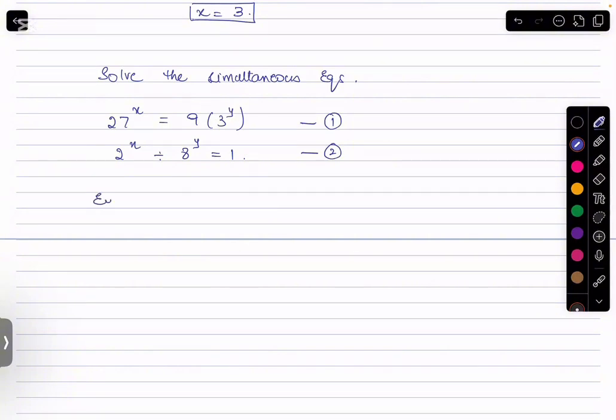So for equation 1, which is 27 to the power of x equals 9 and 3 to the power of y, can I say that 27 is actually 3 cubed? So this becomes 3 to the power of 3x. 9 is 3 squared, and then I have 3 to the power of y.